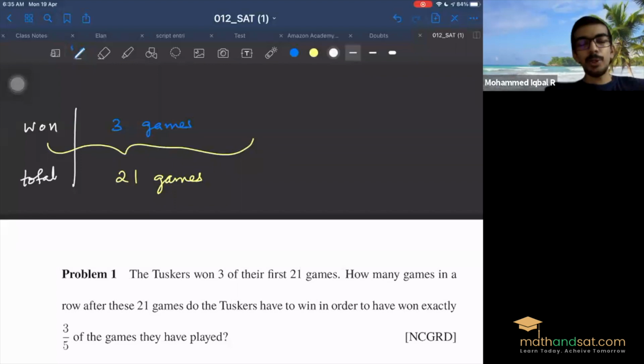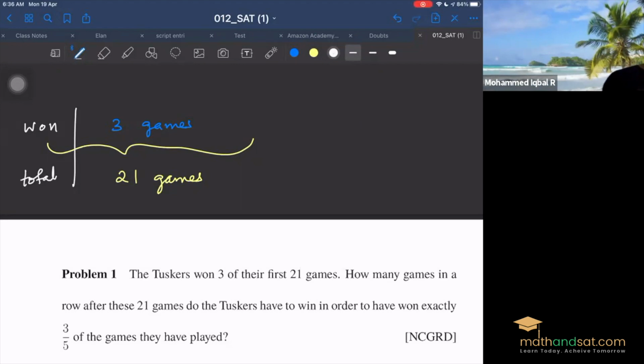Further, they are going to play some more games after this. How many games should they win in a row so that they will win 3/5 of the games they have played?